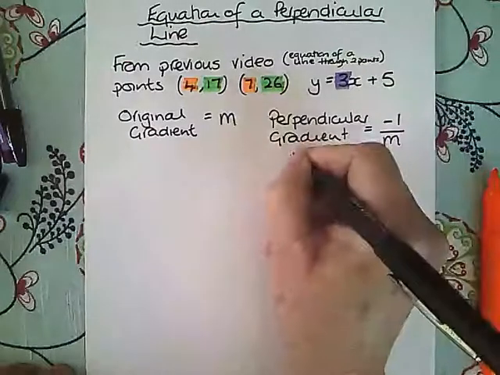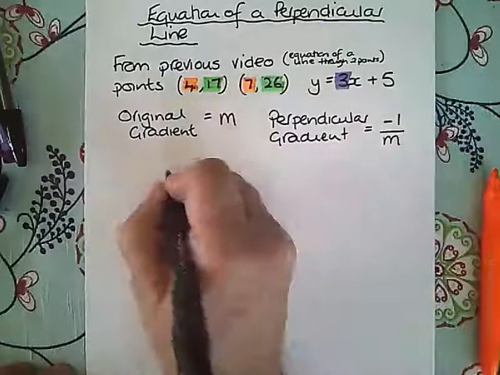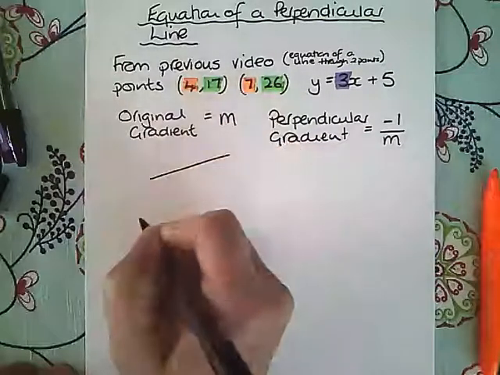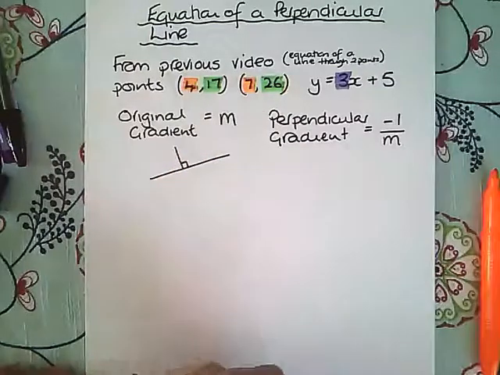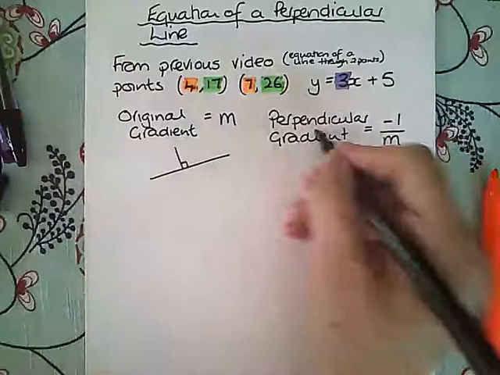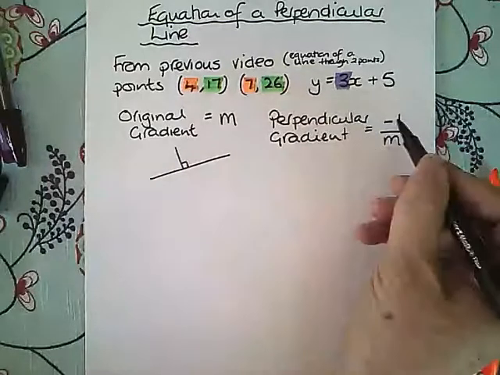Okay, and perpendicular lines, if you start off with a line like this, a line perpendicular to it means that it cuts it at a right angle. So that's what perpendicular means. The perpendicular gradient, so I've just said, is given by -1 over m.